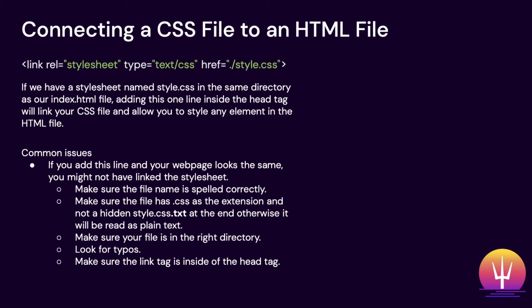So if you added this line of code and you're still running into an issue where your web page looks the same and nothing has updated from your style sheet, then you want to make sure that the file name is spelled correctly, that you have the .css extension at the end of it, and not something like .css.text, otherwise it's just not going to work. You want to make sure that your file is in the correct directory. Make sure you look for any typos when you are adding this line of code, and make sure that the link tag is inside of the head tag too.